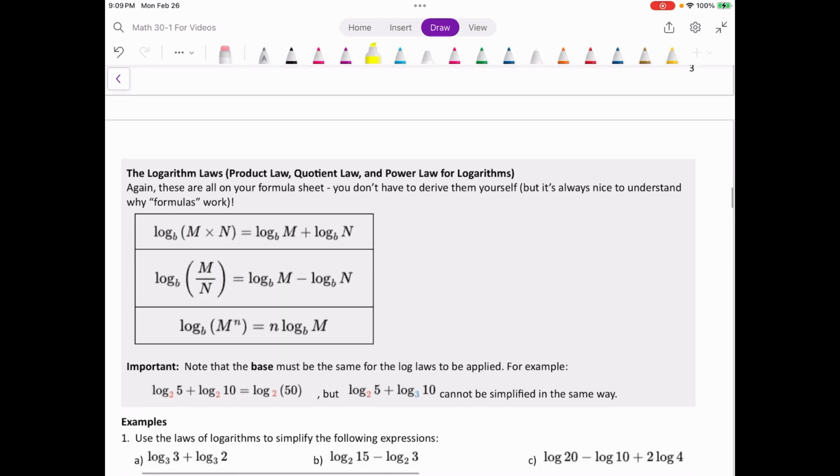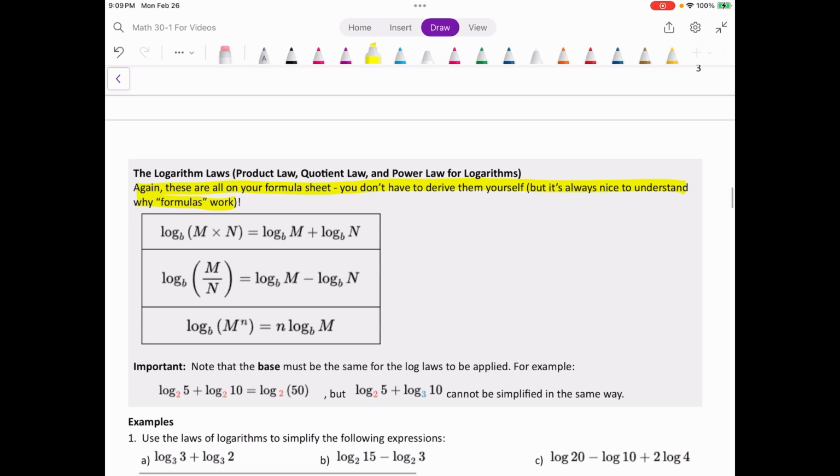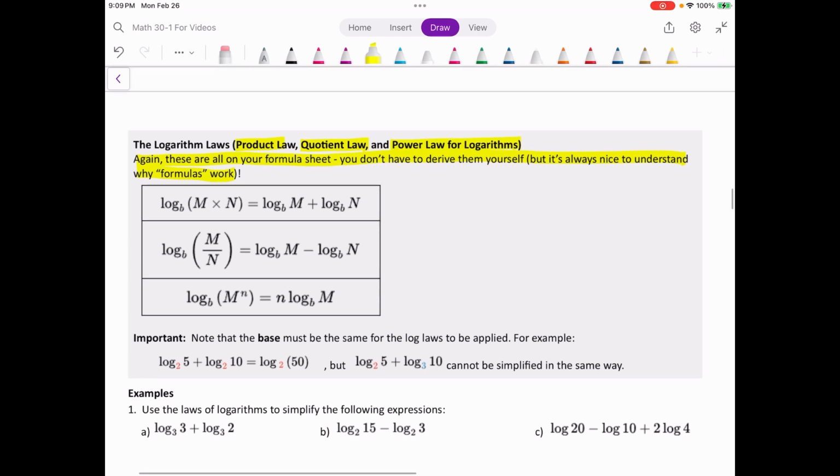Here's a little summary of them all in one place. They're all on your formula sheet. You don't have to derive them yourself, but it's always nice to understand why they work. We call them the product law, the quotient law, and the power law for logarithms, for obvious reasons. One's talking about multiplying inside the argument, dividing inside the argument, that's a quotient, and then a power inside the argument.